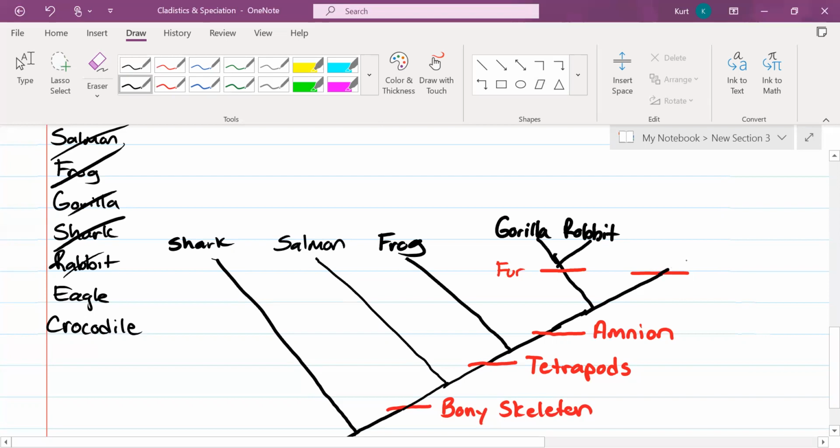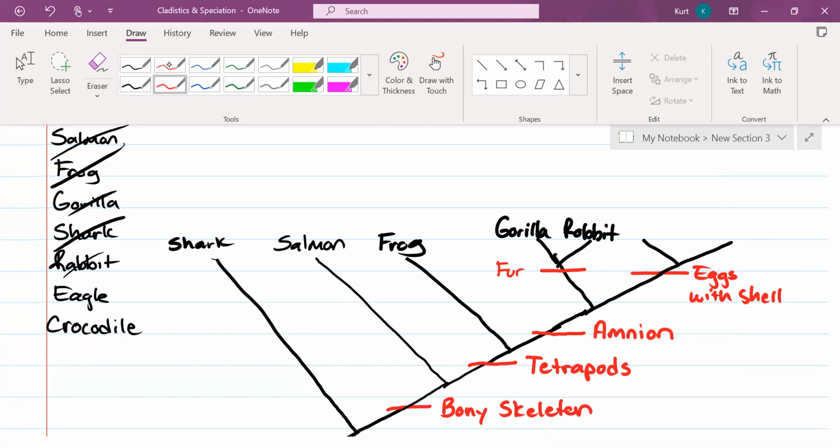And the other one is going to be eggs with shells. Now, if you didn't know this about reptiles and amphibians, their eggs don't have shells. They're like little jelly balls. That's why they have to be in water. And then we have the crocodile, and we have the eagle.